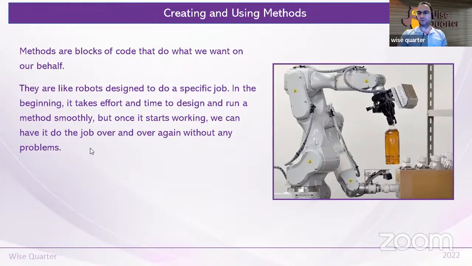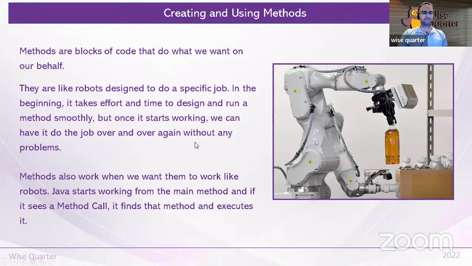You will save a lot of time and money, of course. If writing all this code takes a week, when you create a method, you can write all of it in a day. Yes, they work just like a robot, and when you call it, it will execute it.